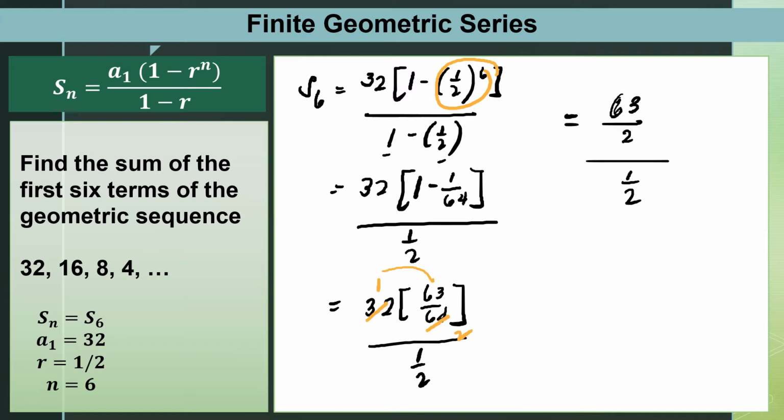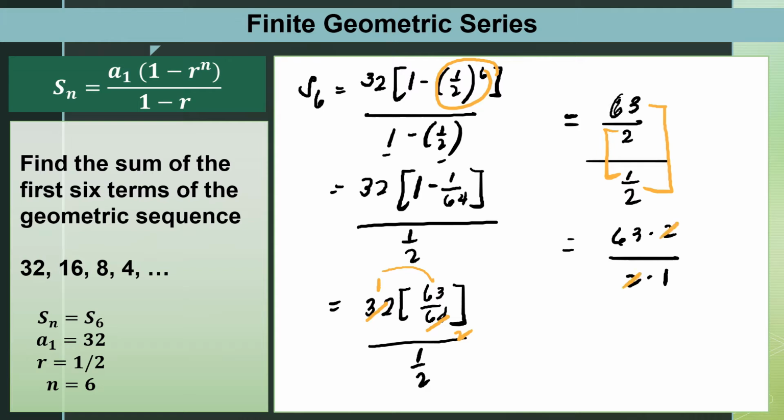Magdi-divide naman tayo ng dalawang fractions, i-multiply lang natin ang means and extremes natin. So, we have 63 times 2 over 2 times 1. Para hindi tayo nahihirapan sa pagmumultiply, lagi nating tatandaan na maghahanap muna tayo ng common factor.